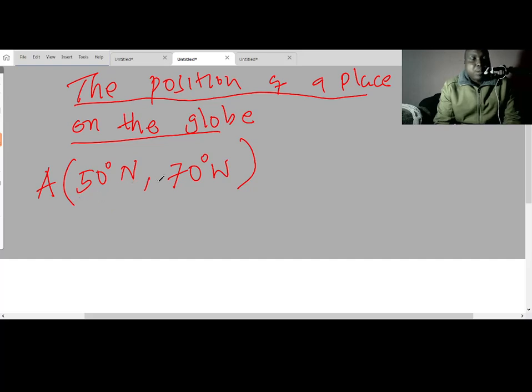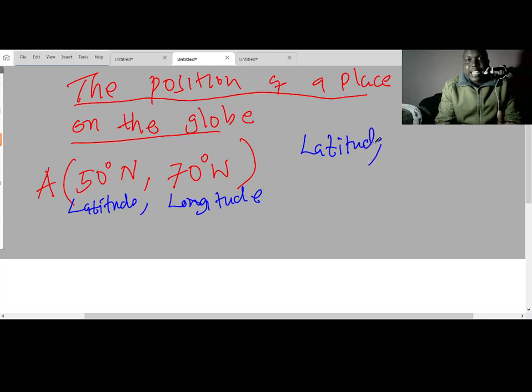Now I've talked about the latitude and the longitude. The position on the Earth is given by starting with the latitude, then the longitude. Did you hear that? If you confuse it, then you are not going to score anything in this maths. The first coordinate is the latitude. The second is the longitude.